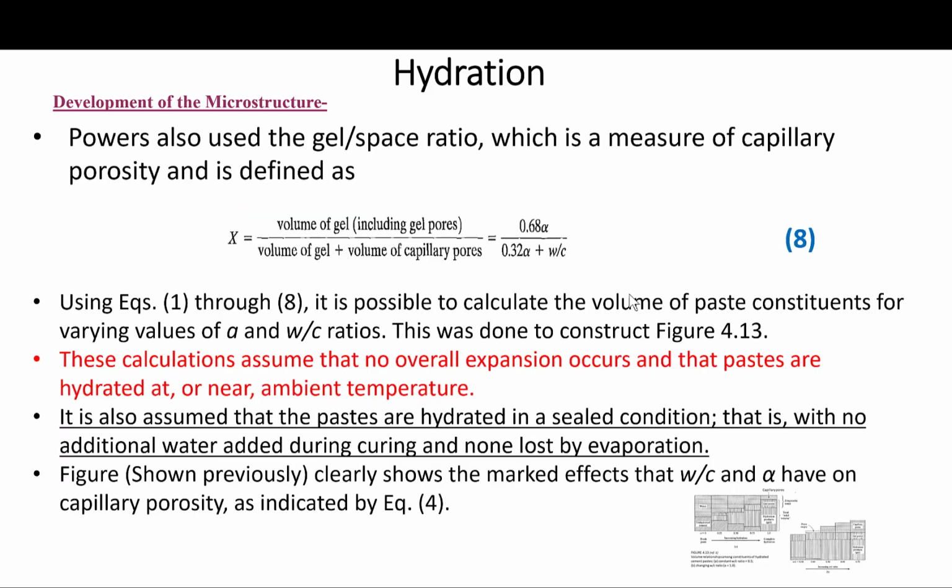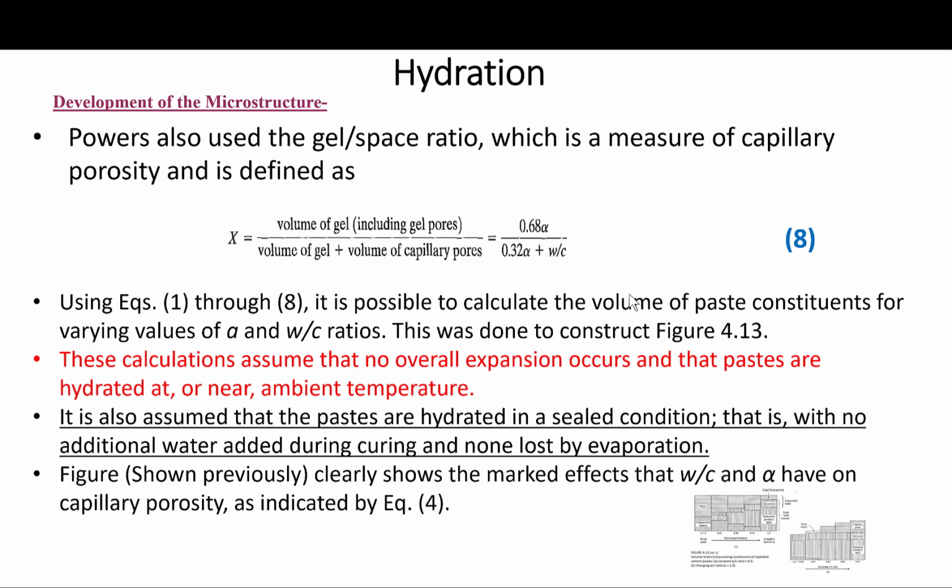Powers also used the gel space ratio, which is a measure of capillary porosity, and is defined as follows: denoted X, it equals the volume of gel, including gel pores, divided by the volume of gel plus the volume of capillary pores, and this reduces to 0.68 alpha divided by 0.32 alpha plus the water cement ratio.